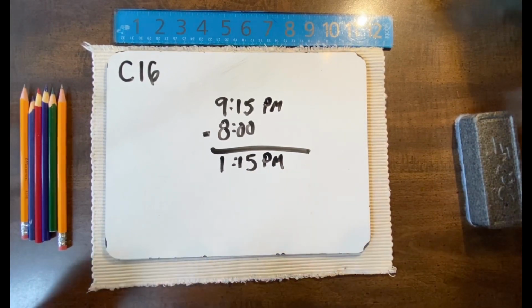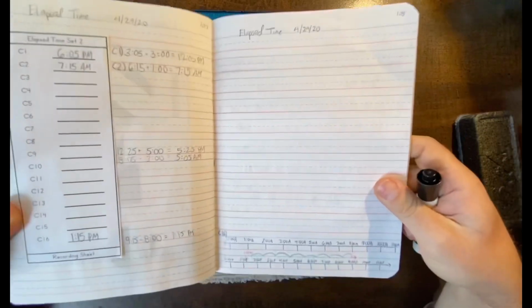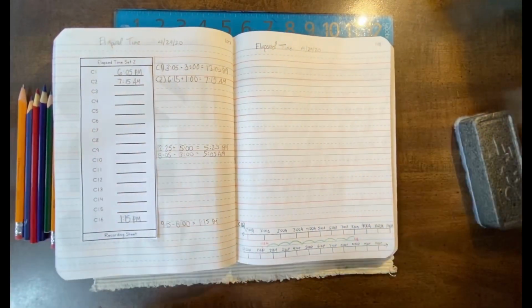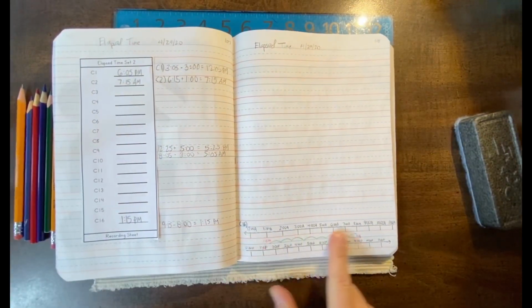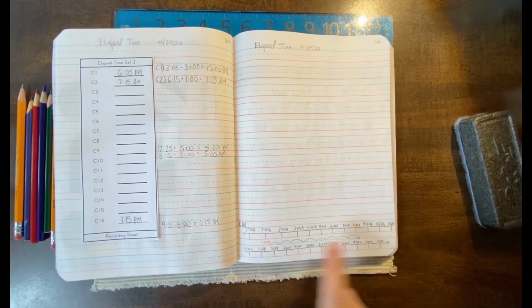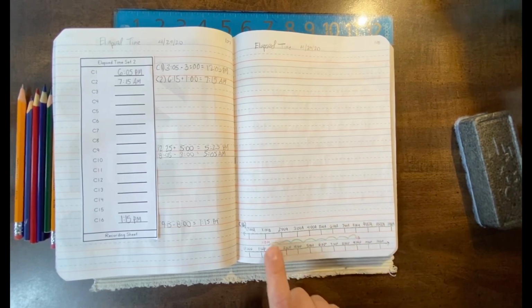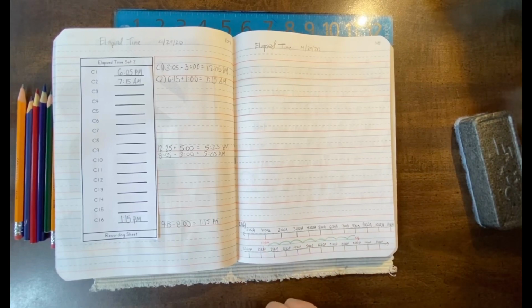We could also do this problem using a number line. And we're going to use that to transition into recording this. You could write a number line starting at 12 a.m. and going all the way to 11 p.m. and use your number line to count either forwards or backwards for elapsed time. So let's go back to our problem C16.